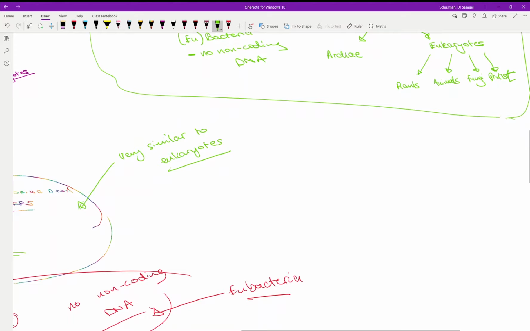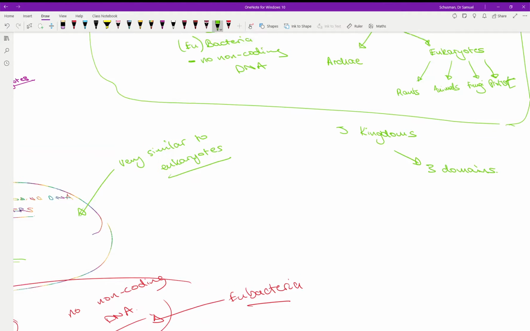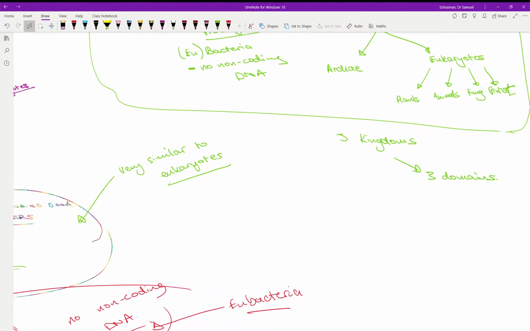So we've gone from 5 kingdoms to 3 domains. But within one of those domains, the eukaryotes, in our nucleated cells, remember bacteria don't have a nucleus, we still have 4 kingdoms.